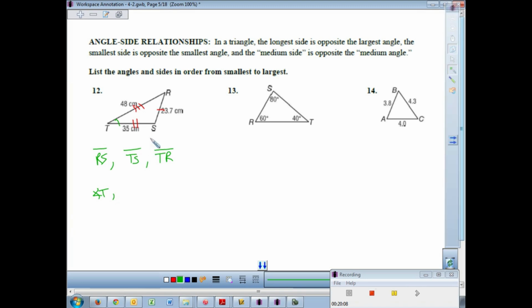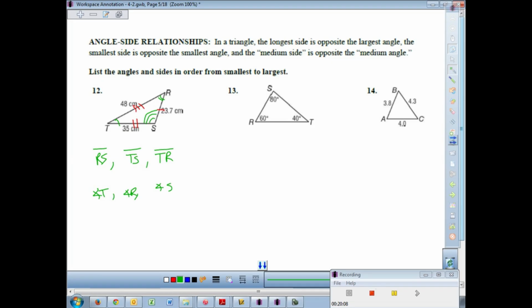Well, it's across from the medium side. Isn't our medium side the guy with two tick marks on it? What's right across from that? Angle R. Put two arc marks in that one. And the large guy is across from the large side. Isn't that angle S? Put three arc marks in that. Neato burrito.